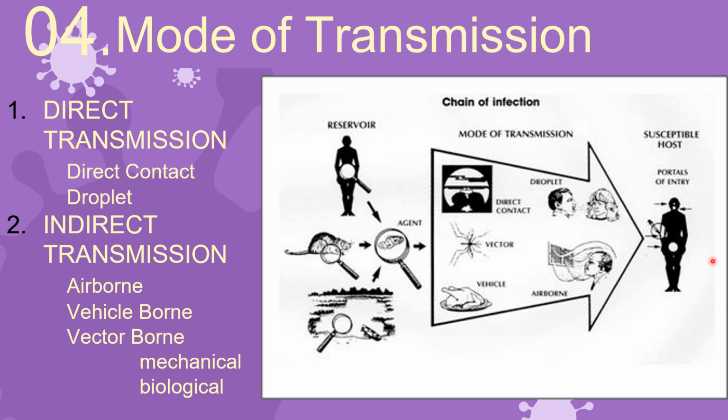For the direct transmission, an infectious agent is transferred from a reservoir to a susceptible host by direct contact or droplets. Pag sinabing direct contact, this occurs through skin-to-skin contact, kissing, sexual intercourse, mga ganon. And direct contact also refers to contact with soil or vegetation which harbors infectious organisms.